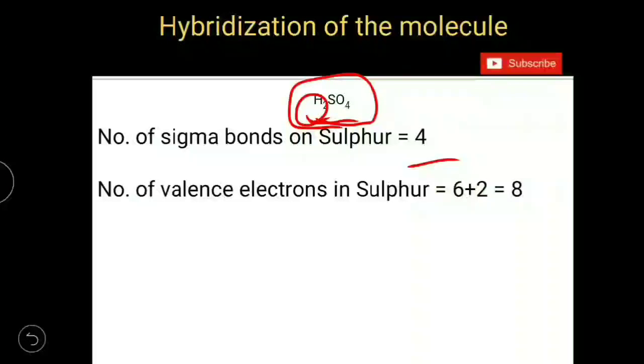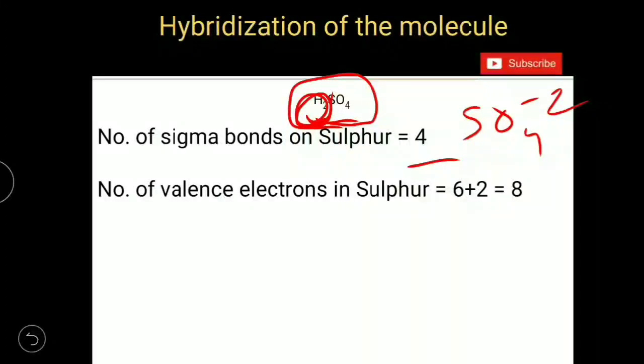Next, how many valence electrons are present in sulfur? Sulfur valence electrons already we have 6, plus when H2SO4 loses 2 H+ ions, you will get SO4 2-. H2SO4 is an acid. It loses H+ ions.